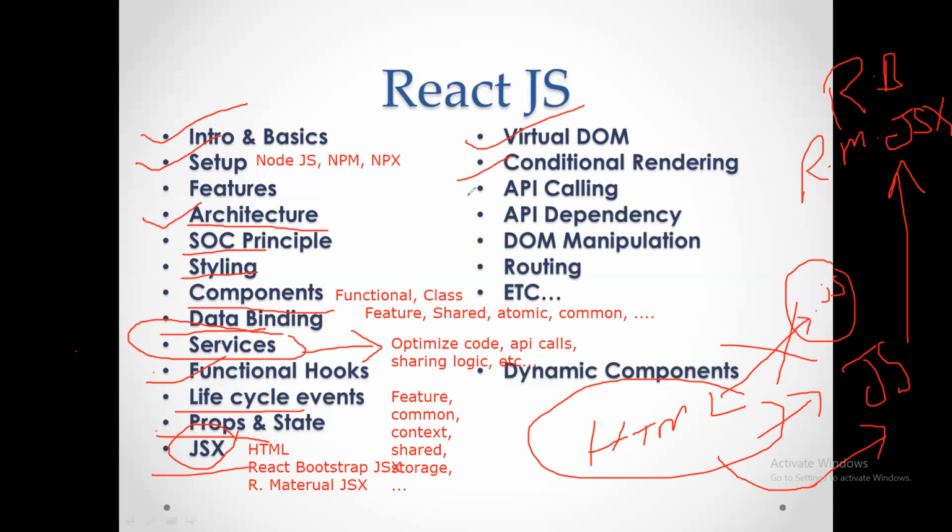So: conditional rendering, API fetching, DOM, routing, etc. Okay, so clear, right? My intention is that you are not only learning the subject, you are learning about a real-time feature, different types of components, different types of services, how to optimize the code, different types of JSX, different types of styling, and architecture, everything in detail from scratch to advanced level.